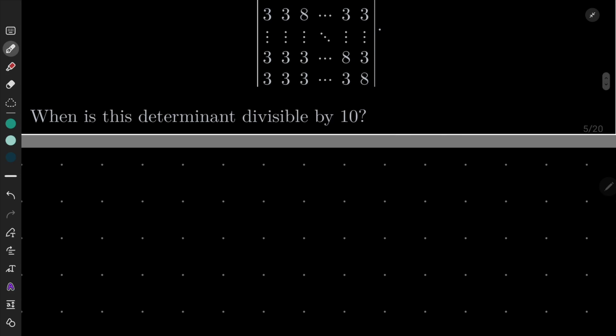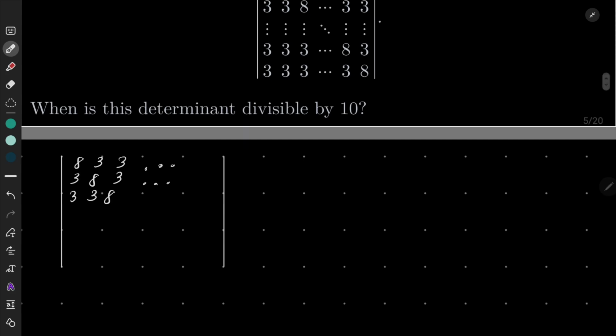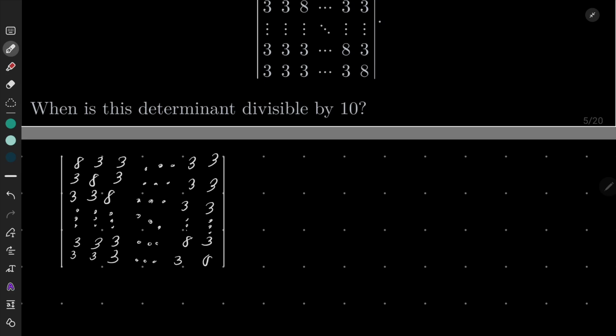Okay, so let's take our matrix, our determinant. So let's take our determinant with 8s on the diagonal and 3s everywhere else. First of all, let's take our last column.